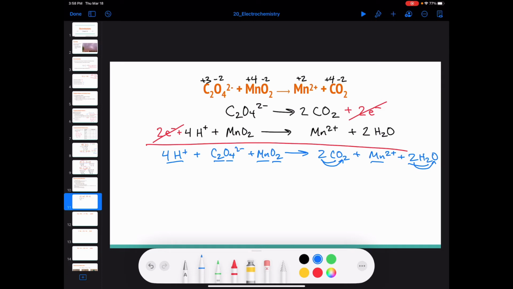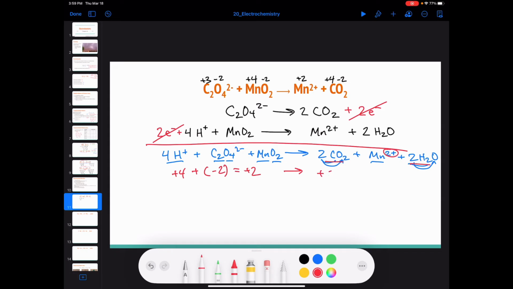And then the last thing we should always do is check our charges. So we've got a +4 here, because of 4 positives, plus we've got a -2 here because of that charge there. So 4 minus 2 is a +2 charge on the left. And then on the right, this thing's neutral, this thing's neutral, this one's got a +2.